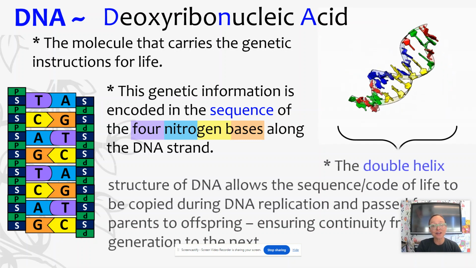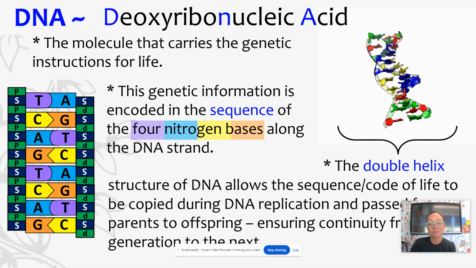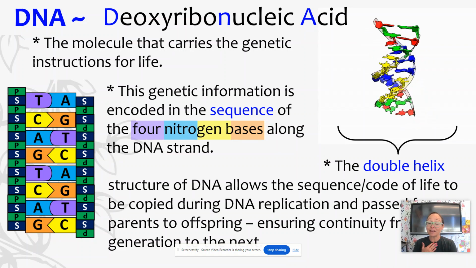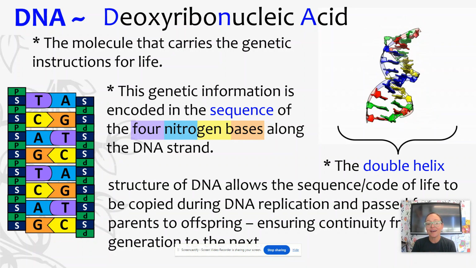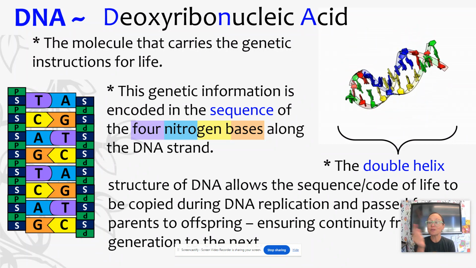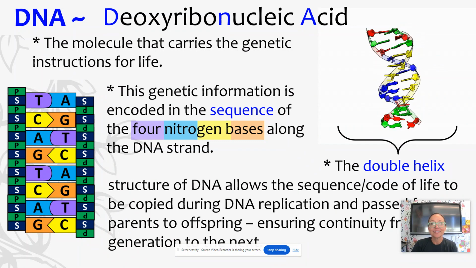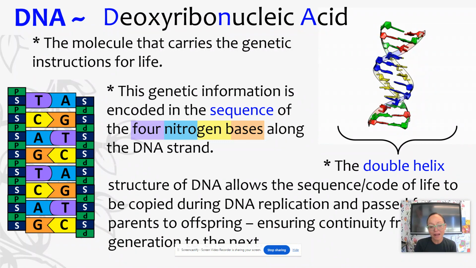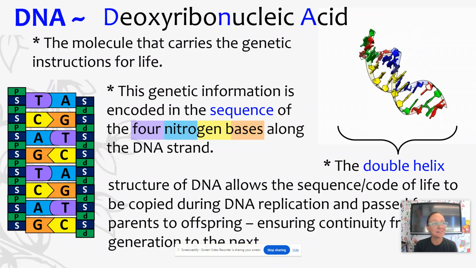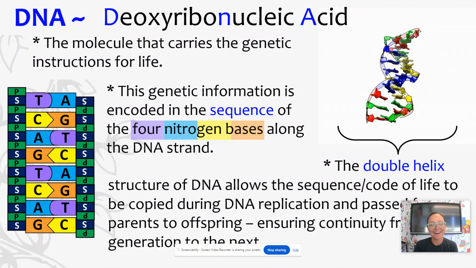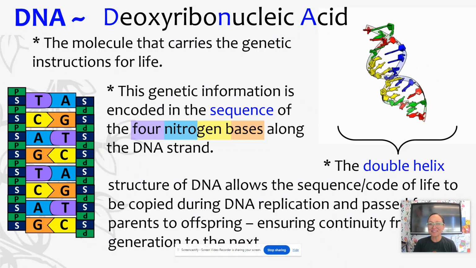Now, the structure of DNA is a double helix. We will see how it's made of 2 strands and forms like a twisted ladder structure. A lot of times, the structure of DNA is compared to a twisted ladder, and so we will make that analogy as we go.